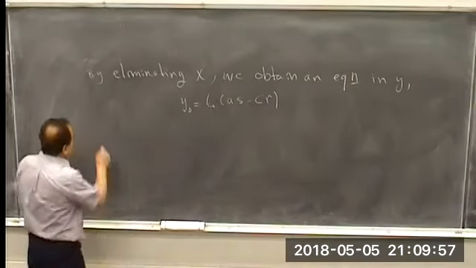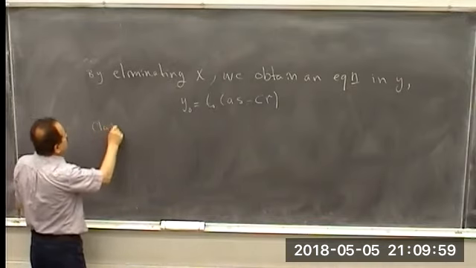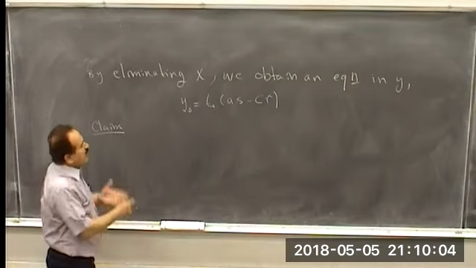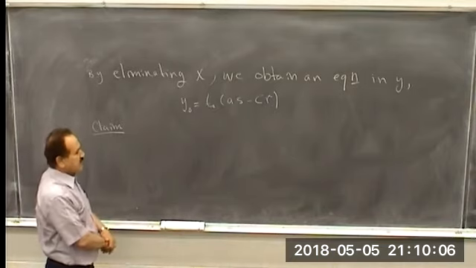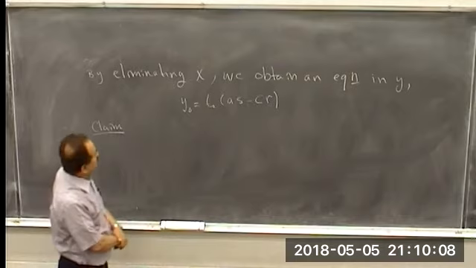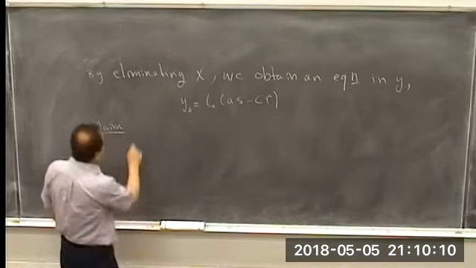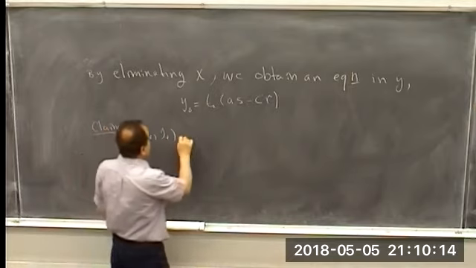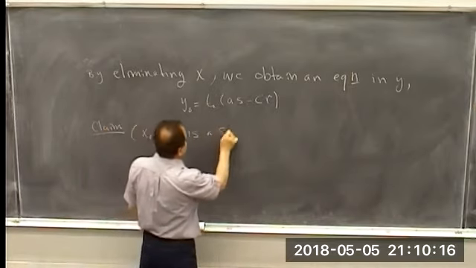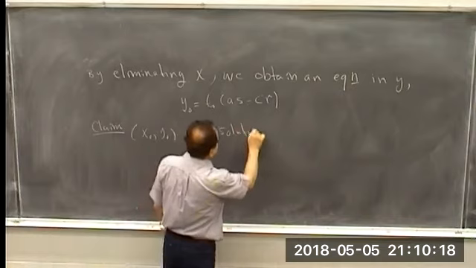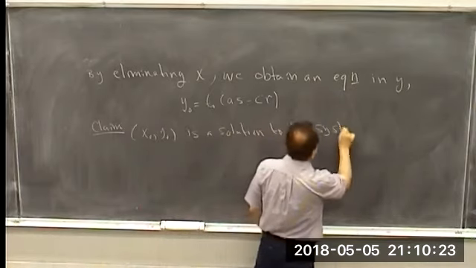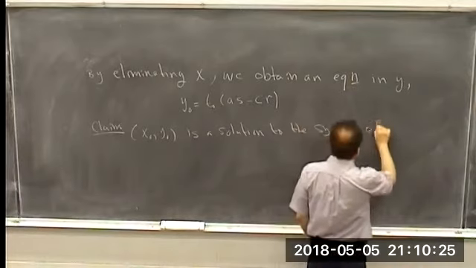All right, now the claim is, which we want to make sure, so we found two values, but we don't know if these would satisfy the solution for the system. So the claim then is x sub 0, y sub 0 is a solution to the system of congruence.